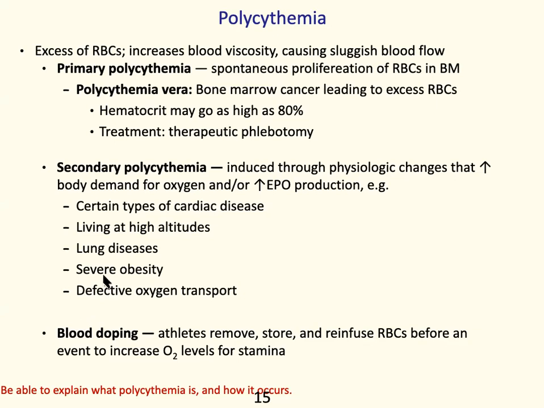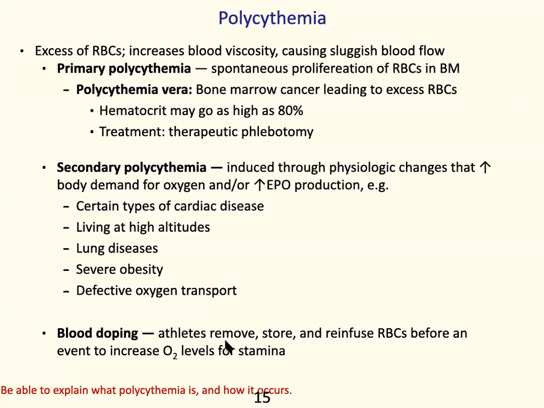Severe obesity, this can happen when someone is so morbidly obese that it's impairing their ability to expand their thoracic cage and to obtain the same amount of oxygen as a normal person would. So in that sense, it can also trigger erythropoietin production. Okay. And defective oxygen transport. Okay. So someone has, for example, carbon monoxide poisoning.